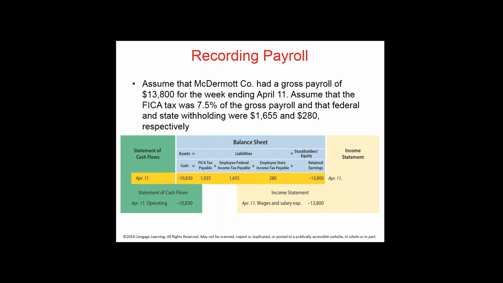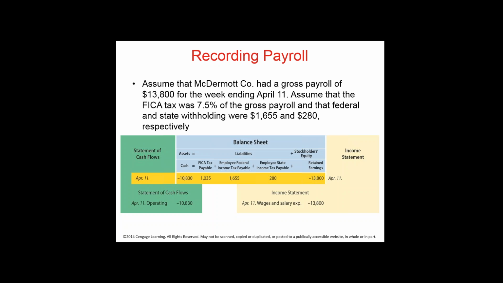Pay those amounts to someone else. Aha! All those things that are deducted from a paycheck become payables. We're only looking at the most common deductions here, but we're looking at FICA, federal income tax, and state income tax.